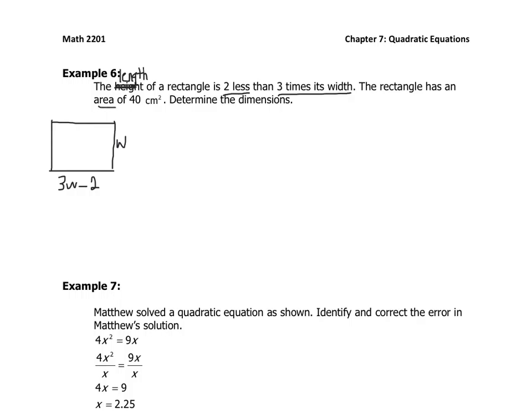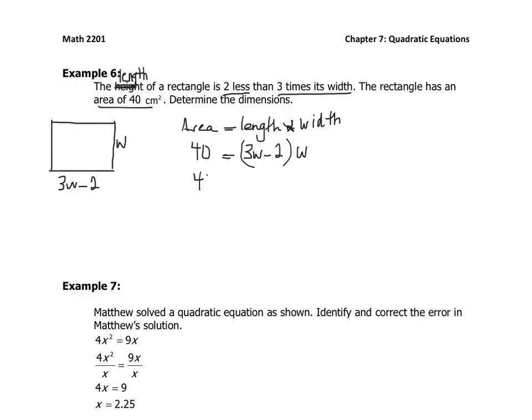So the area is 40. Area of a rectangle is length times width. We know the area is 40, and the length can be described as 3w minus 2, and the width as just w.